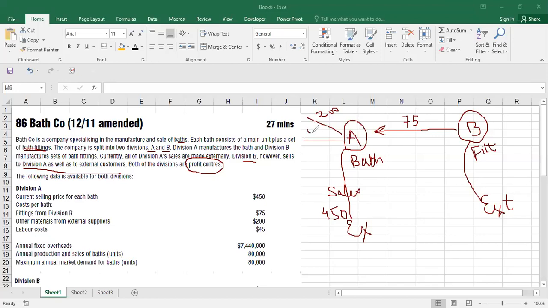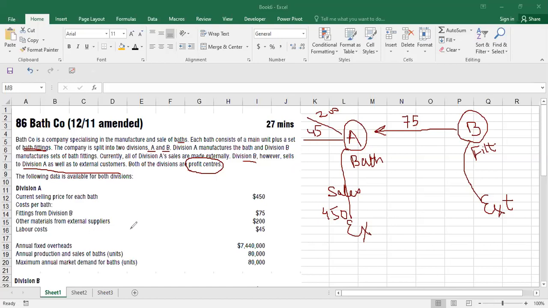So you should understand that Division A's variable cost consists of three things: 75 for fittings coming from Division B, 200 external material, and 45 labor.